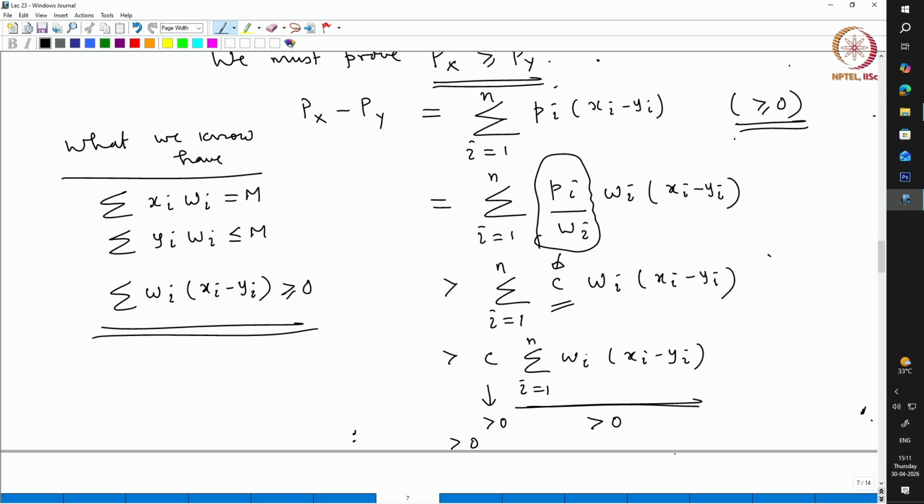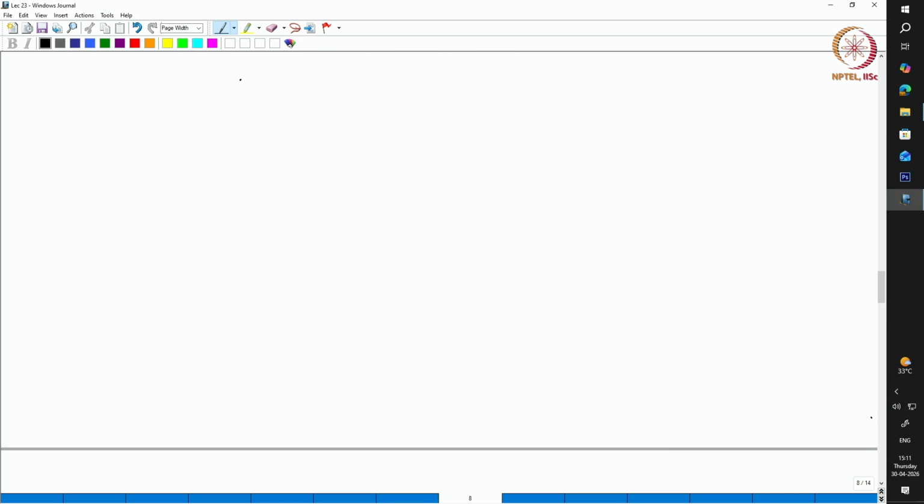So, we make the following observation. If you look into the term sum over i equals 1 to n of pi by wi times (xi minus yi), you break it into 3 parts.